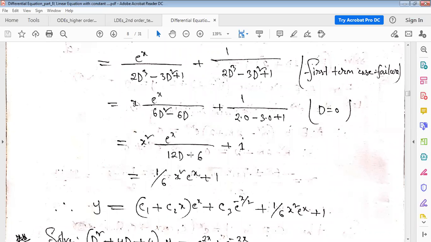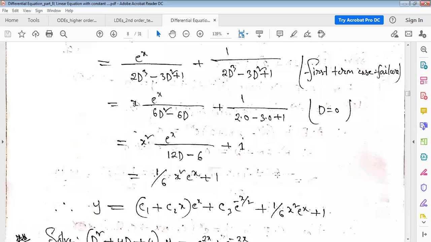Now if we put D equals 1, it will be only 6, and this is defined now. So 1 by 6 x square e to the power x plus 1 is the particular integral. Now the total general solution equals complementary function plus particular integral.